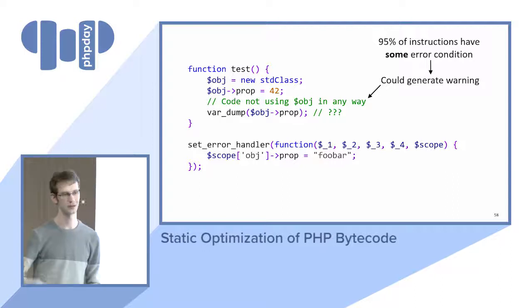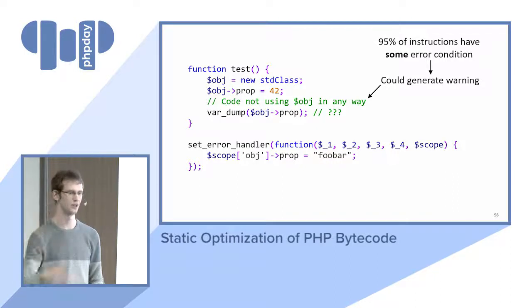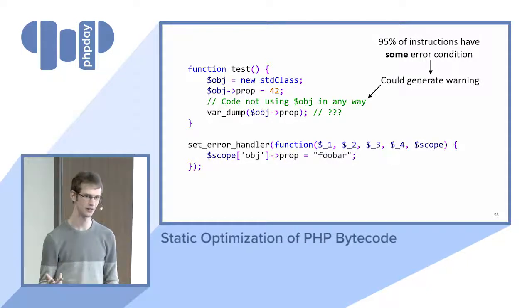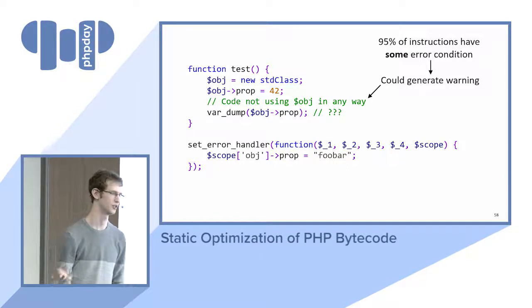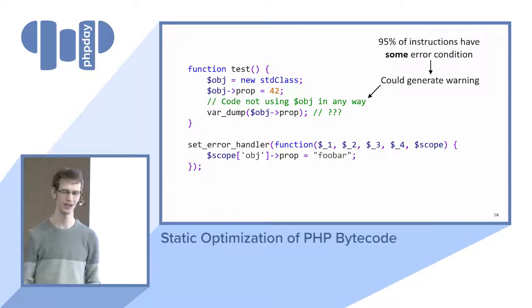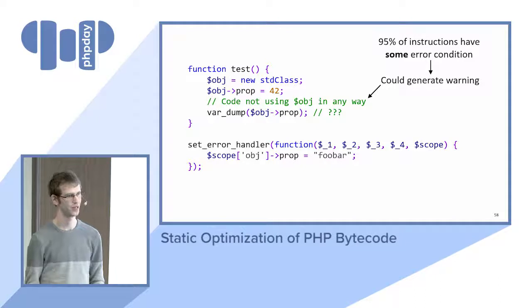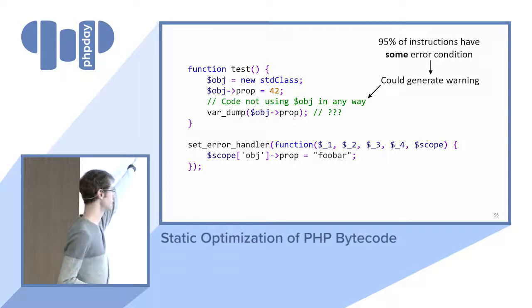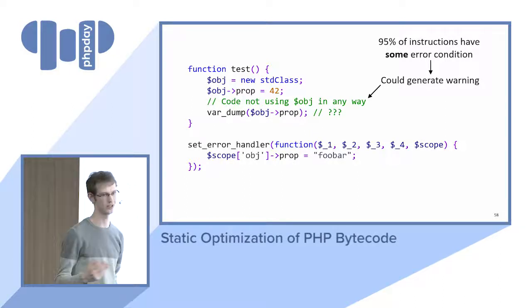PHP has maybe 200 instruction types, and 95% of them have some kind of error condition. It's usually something pretty obscure, unlikely to happen, but they're there. And usually it's very hard to show that these error conditions cannot happen. So if it's any kind of non-trivial code in between, we cannot show that.